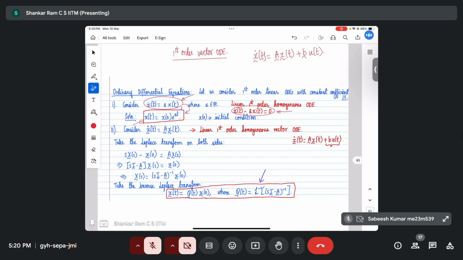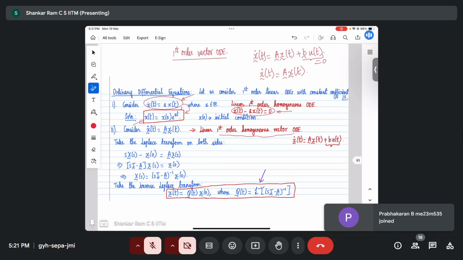Here, the forcing term is the input u, so that should be equal to 0 for a homogeneous ODE. So the homogeneous first order vector ODE is x dot equals Ax.